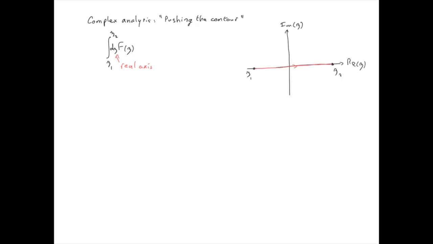We call a contour a specific path in the complex plane which connects two points. So for instance, along the real axis we have this contour C, but we could also define other contours.